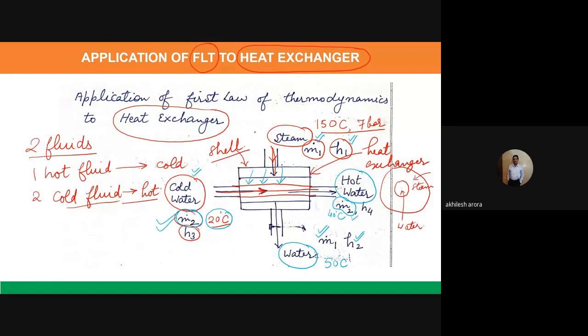Because the temperature of the water has increased, its enthalpy also increases. That means h4 is greater than h3, and in a similar way h2 is less than h1. This is for the water, and this is for the steam. That is how the heat exchange is taking place.